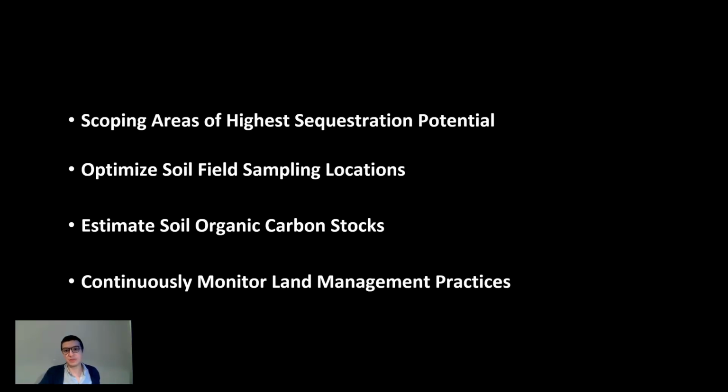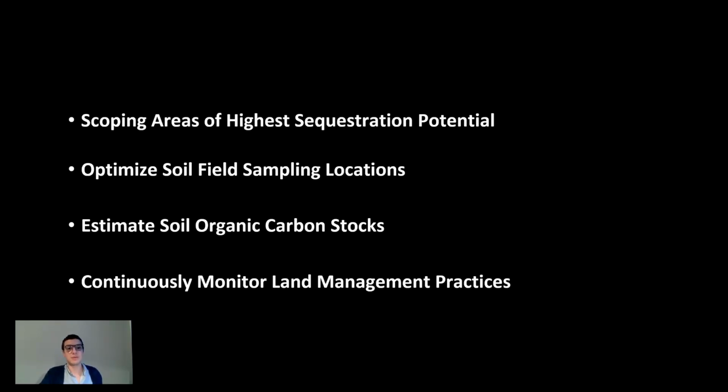But there's also a set of practices that is done on the land which also requires monitoring, because through proxy you can find out that, for example, if a reduced tillage or no tillage practice has been implemented, you are able to reliably say, depending on the region and the soil type, that this land management practice is actually going in the direction of building up carbon in the soil, even though you're not measuring the absolute amount of carbon that's being sequestered.